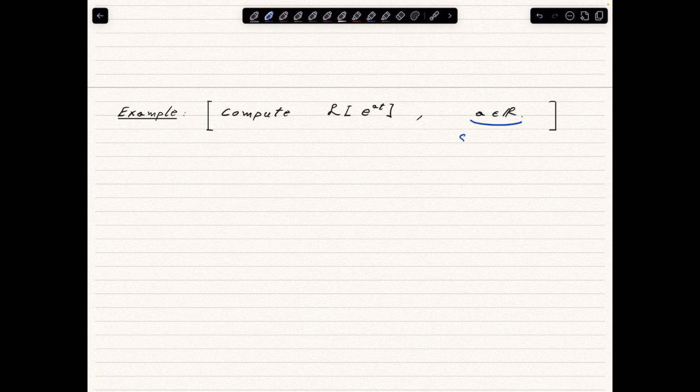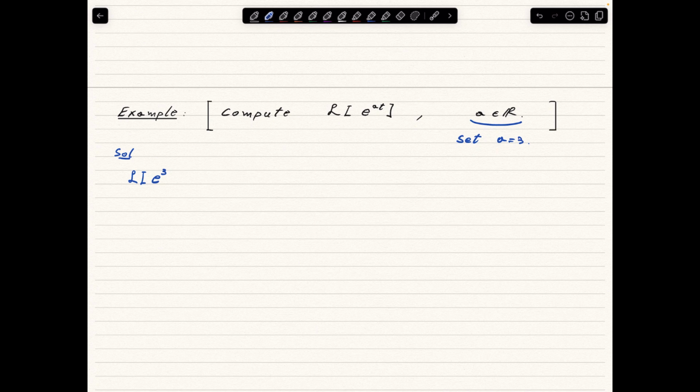Finally, let's set a equal to 3, for example. So let's do the calculation with 3, and then we are going to see that it's very easy to generalize to any other value.